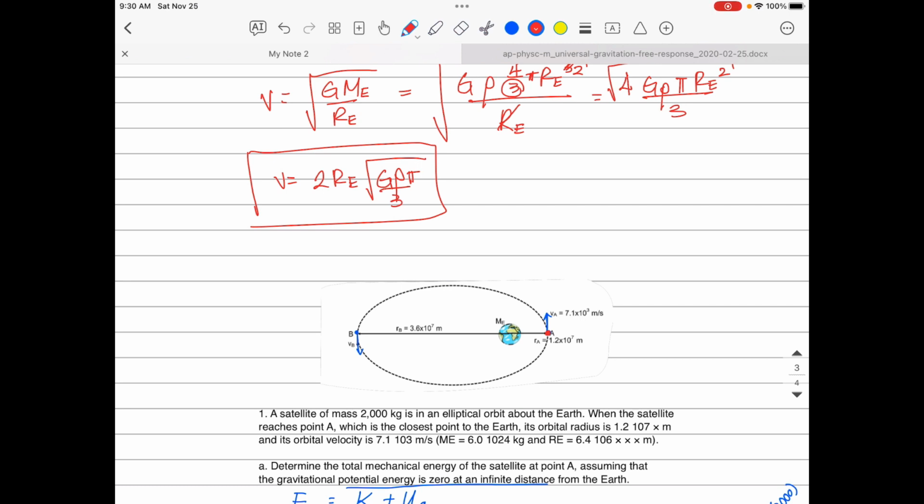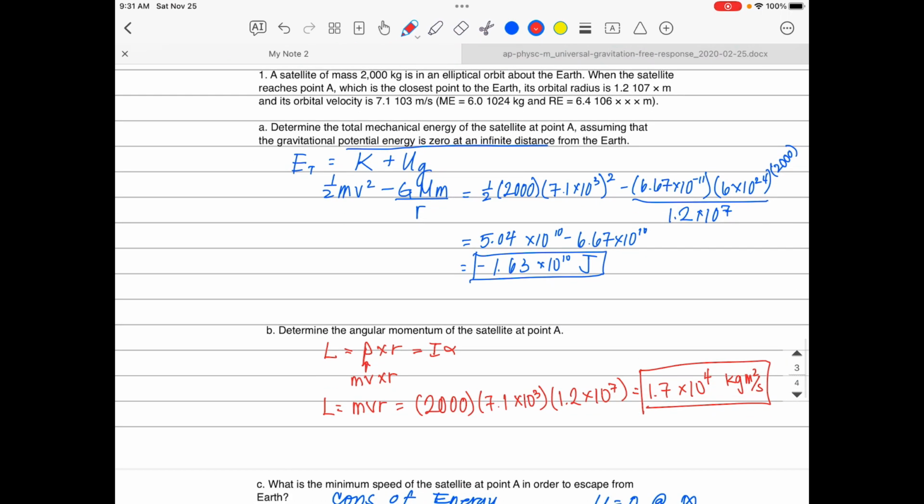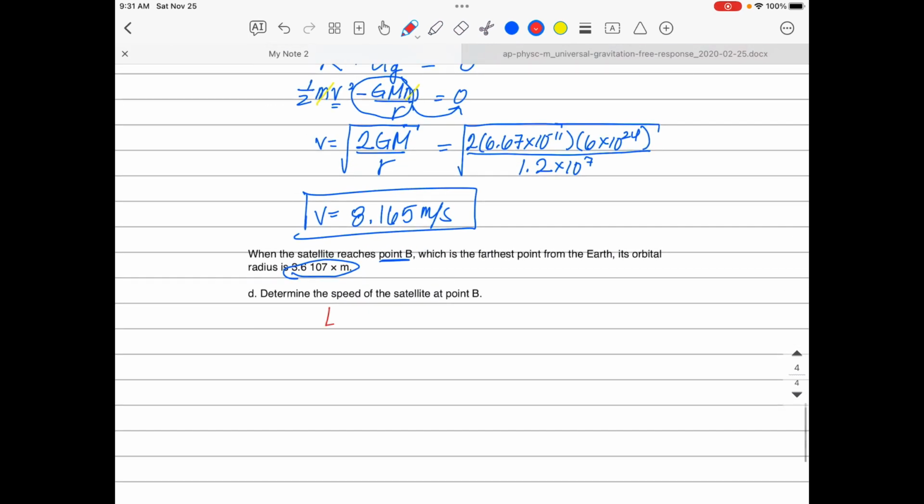So if we take the momentum, multiply it times the radius, it goes back to Kepler's second law, stating that an object will move faster at a position closer to the Earth and slower at a position further away. So here we can check that theory and see if our velocity at B is going to be slower than the 7.1 times 10 to the third. What's nice is we already calculated the initial momentum here, which is 1.7 times 10 to the fourth. So that's going to be our initial momentum.